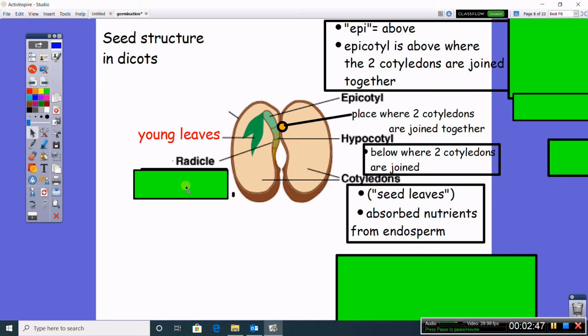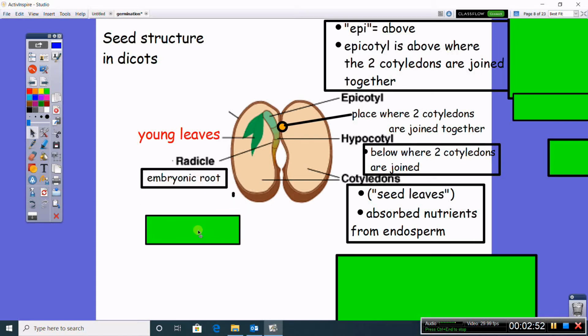The radicle, or if we were in the 80s, we would say radical. It's spelled different. But radicle here is your embryonic root. As you watch the videos that I post, most of them from YouTube, keep in mind that the radicle, the embryonic root, is going to be the first thing that emerges from that germinating seed.